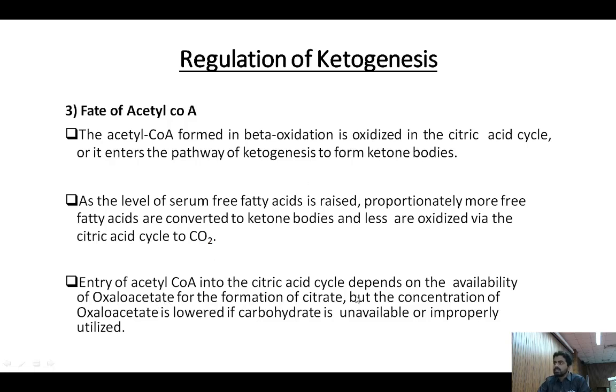If you remember the citric acid cycle, one of the important components is oxaloacetate, but this oxaloacetate actually comes from carbohydrate metabolism. So if there is low carbohydrate and glucose, oxaloacetate is low, so that's why the citric acid cycle gets saturated. More and more acetyl coenzyme A cannot go into the citric acid cycle, so all the leftover acetyl coenzyme A goes into ketone body synthesis.